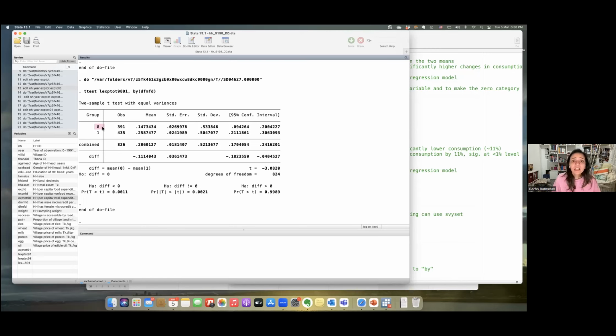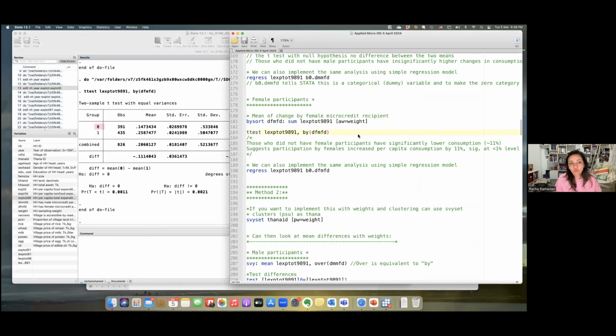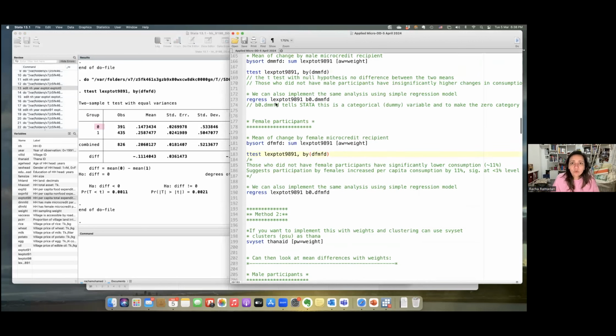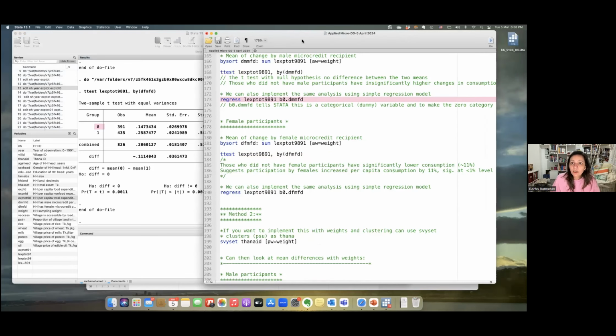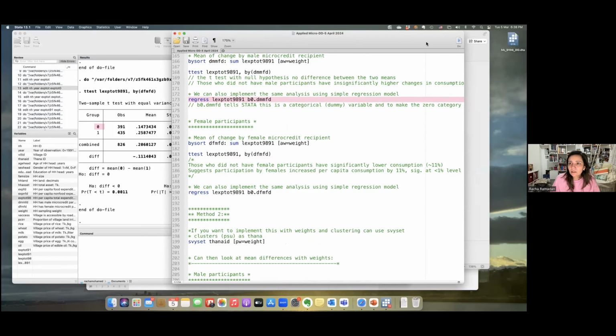So this is only by comparing the average, without controlling for anything and without being sure if this positive effect is related to having this microcredit program or not. Another thing we can do is simply regress the change in the total expenditure between the 2 years, 98 and 91, on the dummy variable that equals 1 if we have a male microcredit, 0 otherwise.